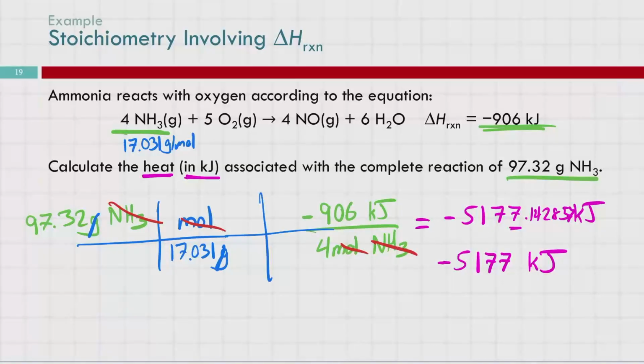If we, for some crazy reason, did this reaction in our hands, I don't know how we would do that. If we did this reaction just like in the palms of our hands, would our hands feel cold or hot? It's a negative number for heat, so that means it's exothermic, that's heat going out, so our hands would probably feel hot.